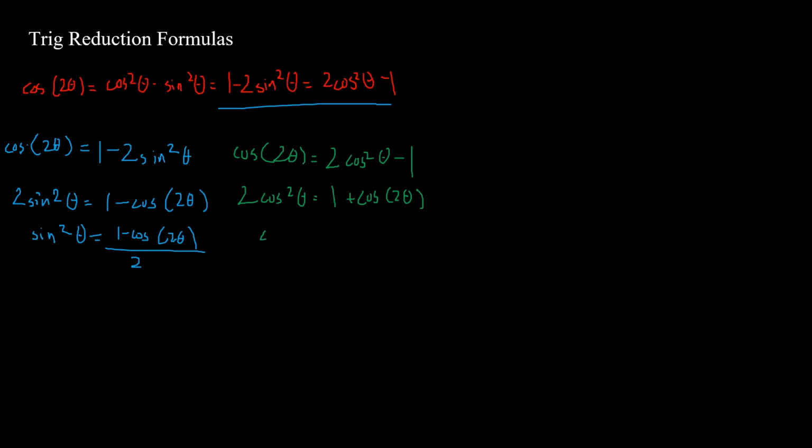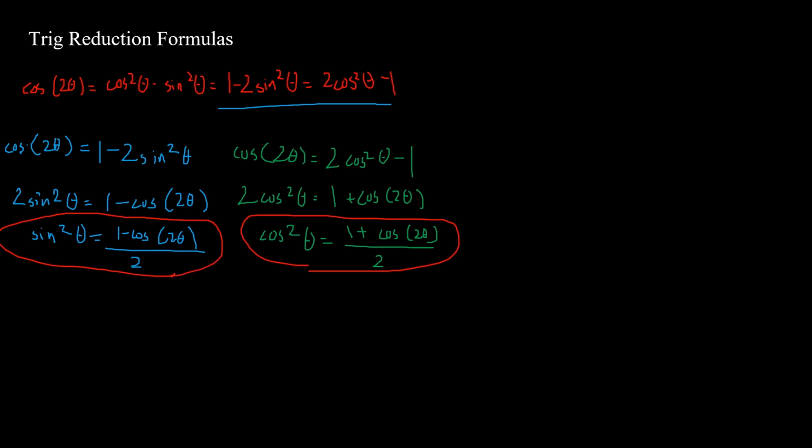And then we'll just divide both sides by 2 and get that cosine squared theta is going to be equal to 1 plus cosine 2 theta over 2. So notice that these two equations are actually very similar, and the only difference is the sign. So be careful when working with these formulas.